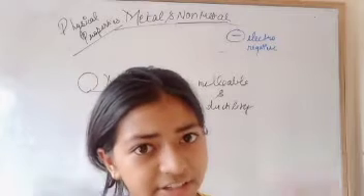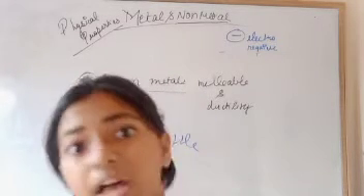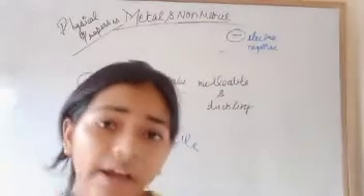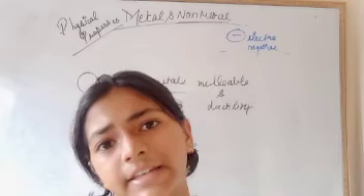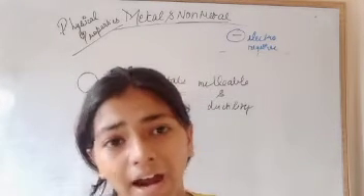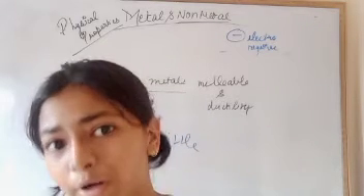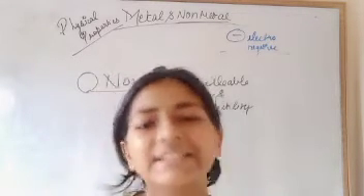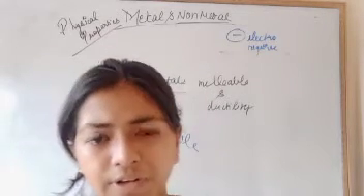High density: metals have high density, non-metals have low densities, except diamond. State: metals are solid except mercury, and non-metals are generally in liquid, solid and gas, all three.